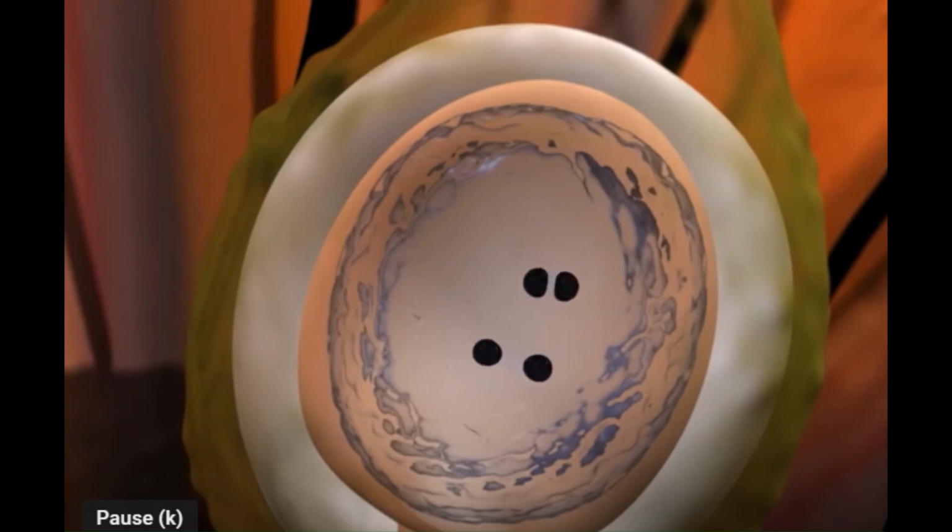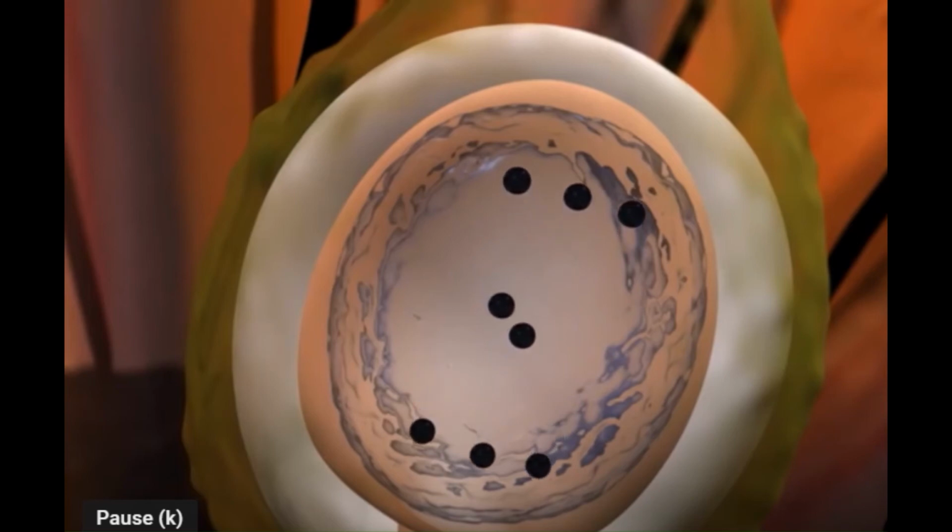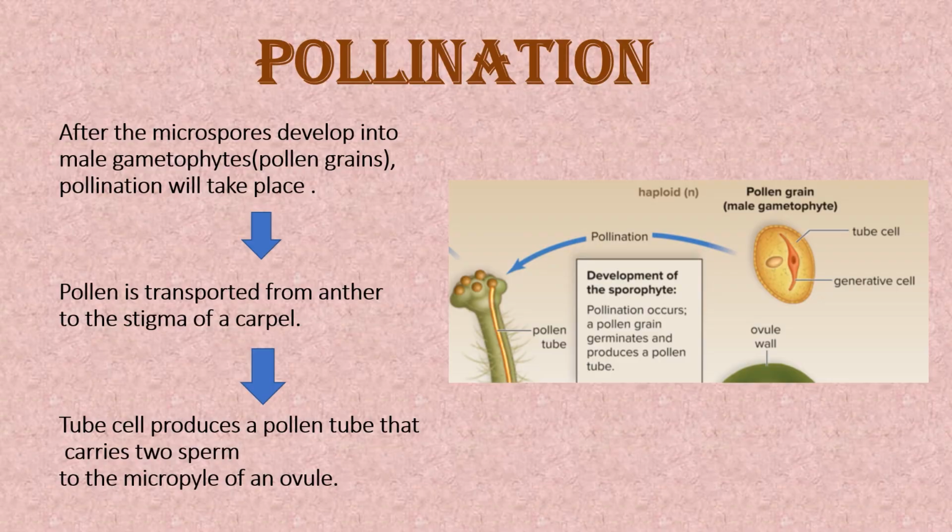As the nuclei have not developed any individual division, they initially share the same cytoplasm. This complete structure is known as the embryo sac.